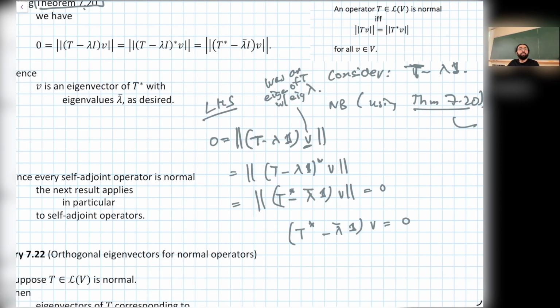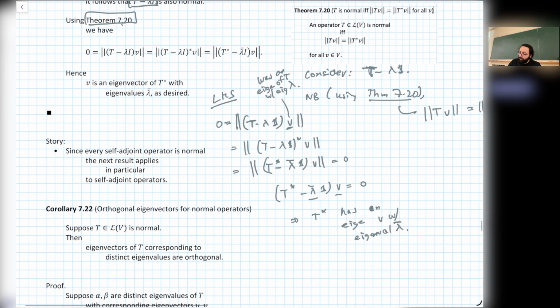Correct? What does that say about T star, V, and lambda bar? It says that T star has an eigenvector V with eigenvalue lambda bar. Correct? Is that okay? It's fine? Right? Okay.